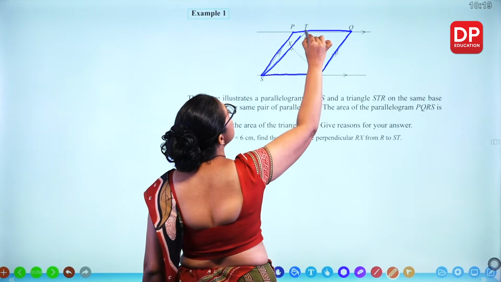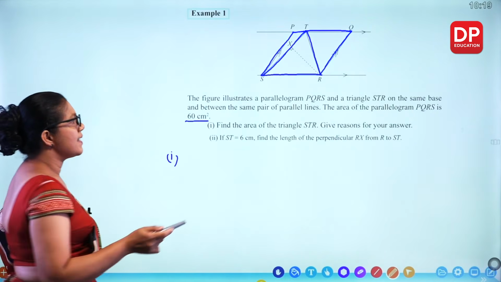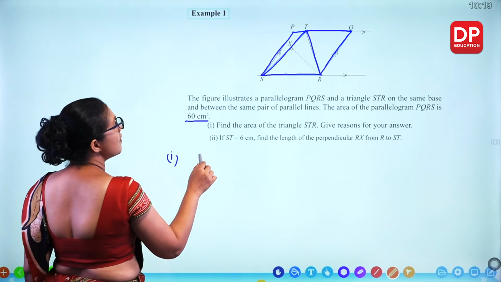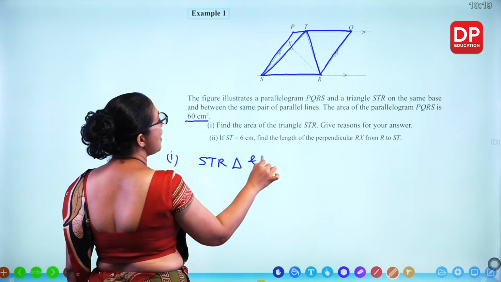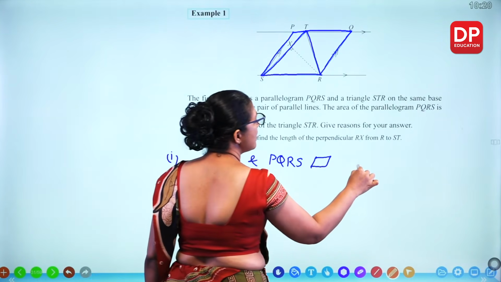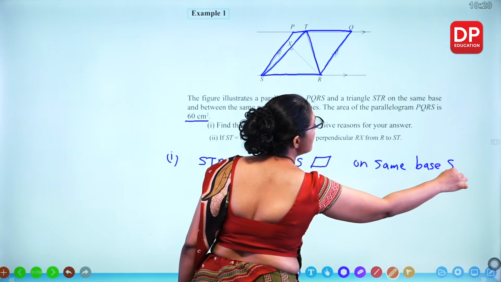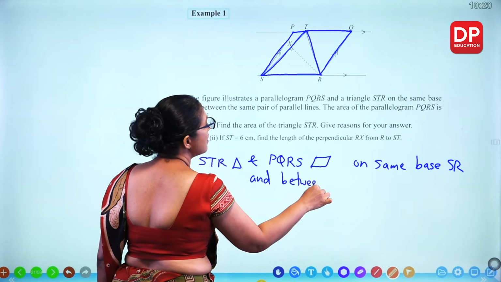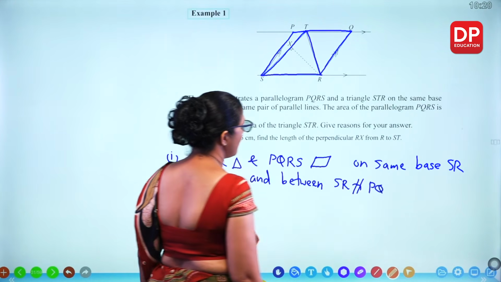We can see that this STR and the parallelogram are on the same base SR and in between the same pair of parallel lines. Write down: STR triangle and PQRS parallelogram on the same base SR and between the two parallel lines SR and PQ.